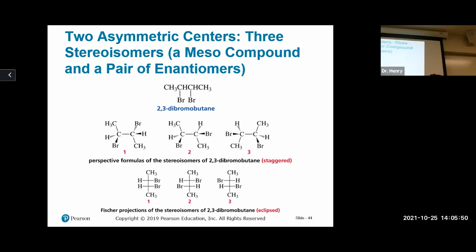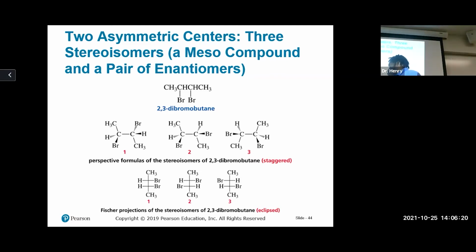We're only looking at the bromine and hydrogen, right? We're not looking at the rest, because they're the same. So even if this guy's flipped, the bromine would be here and the other bromine would be here.